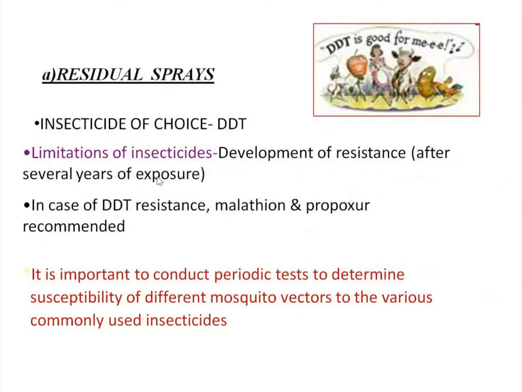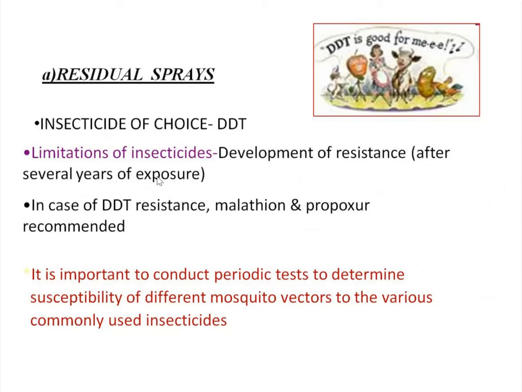So DDT is the insecticide of choice, but using DDT has some limitations, because if you use DDT more frequently, it can cause resistance after several years of exposure. That's why always remember DDT has to be used in a very limited way. But it is actually a good insecticide of choice.